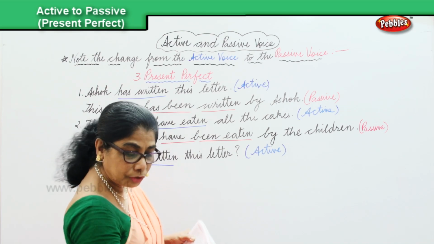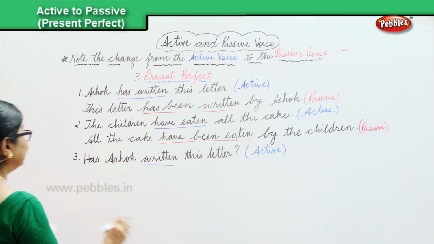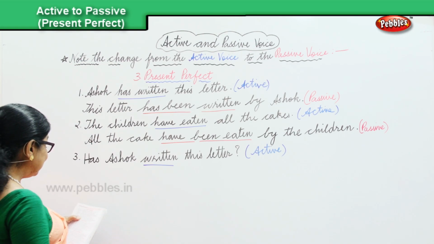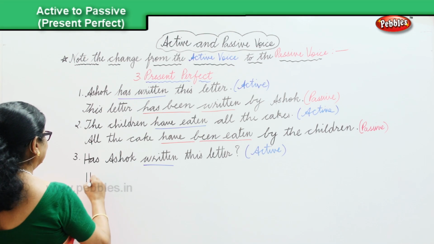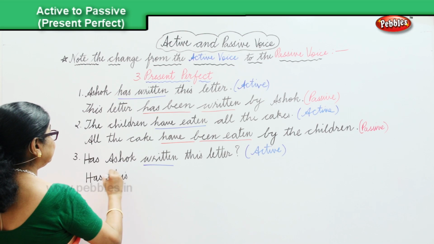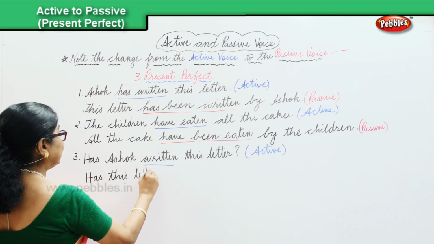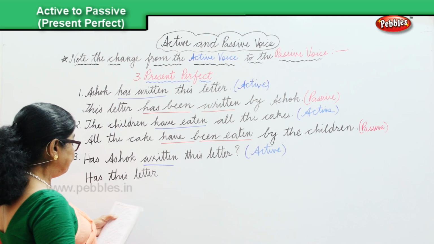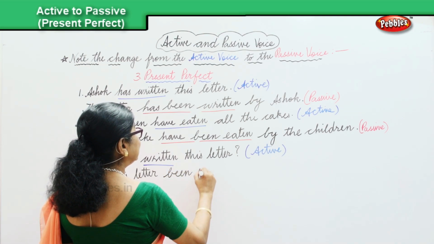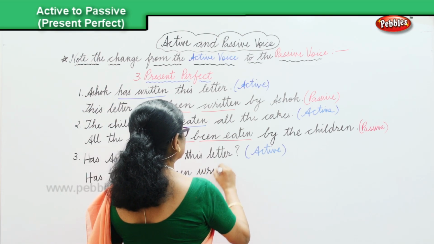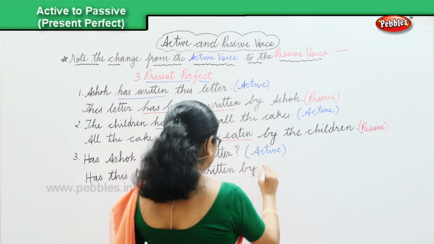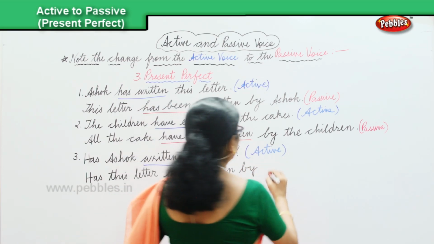Now, when you change over the active into the passive, the question goes like this. Has this letter been written by Ashok?